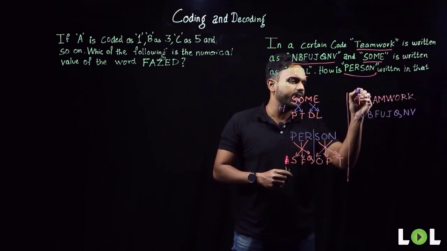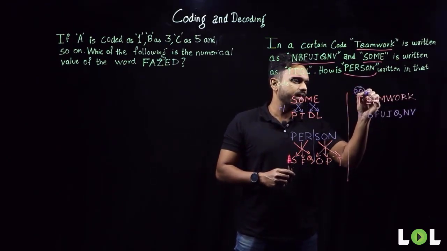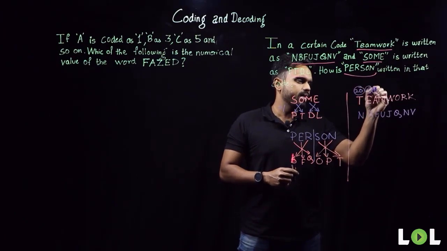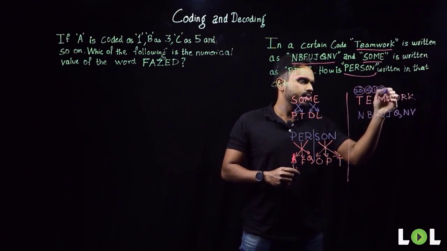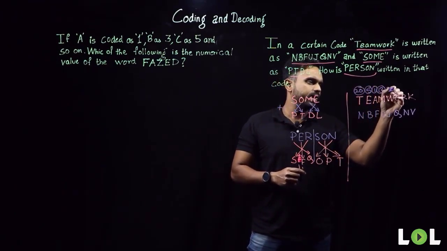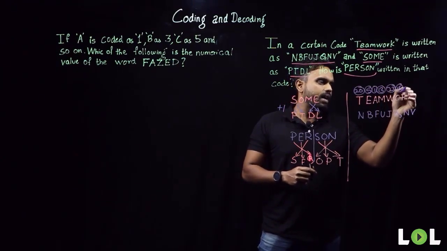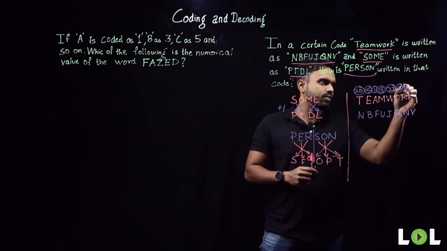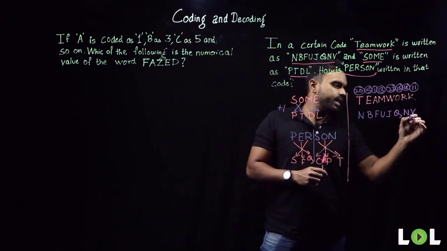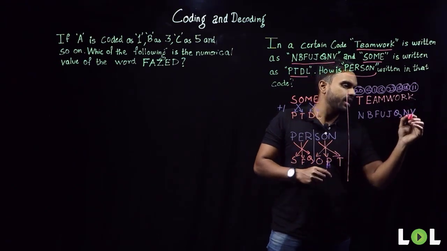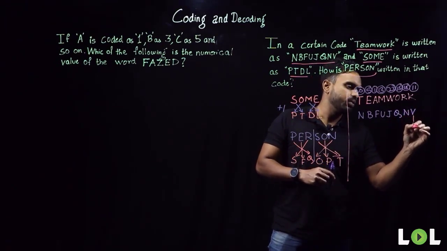T is 20, E is 5, A is 1, M is 13, W is 23, O is 15, R is 18, K is 11. V has 2 sharp edges, so I'll write it as 22.